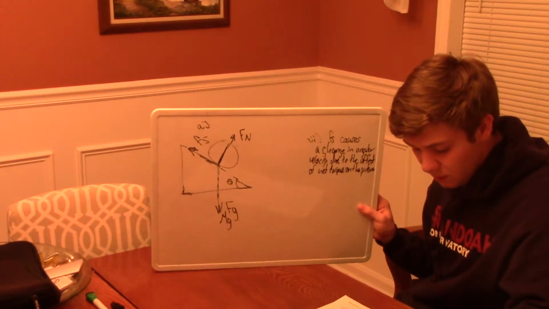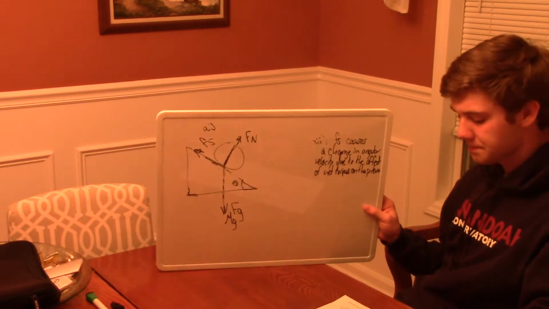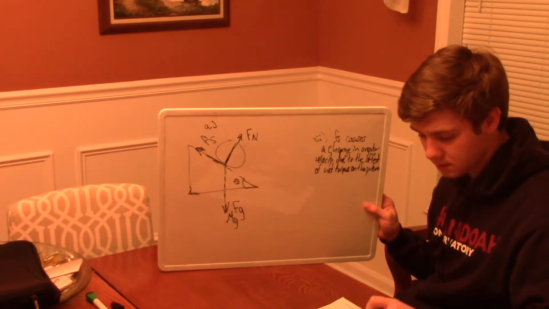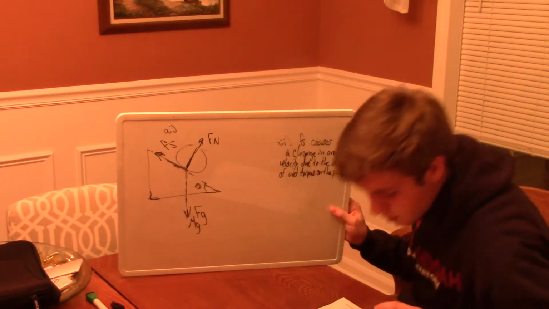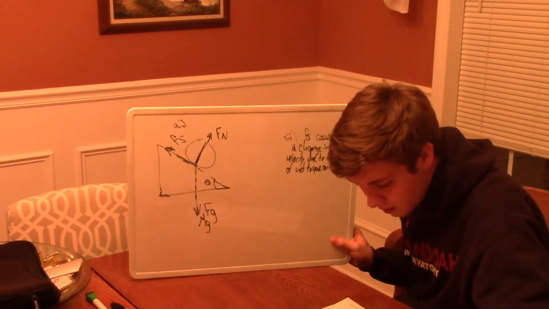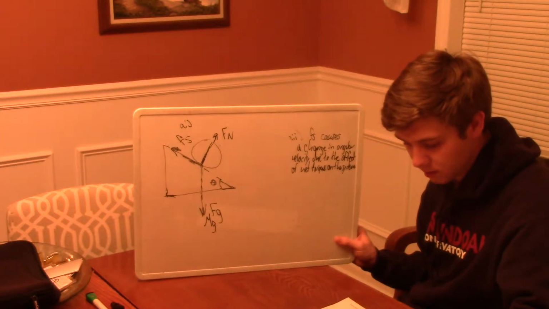Derive an expression for the linear acceleration of the wheel's center of mass in terms of m, mass, theta, and physical constants as appropriate. So, for that we need to look at, for our angle, the force of friction exerted on the wheel is less than the possible static friction force.